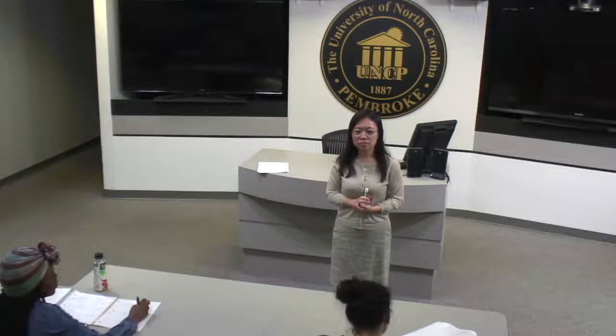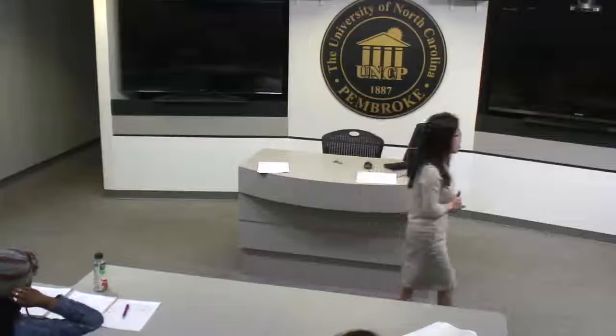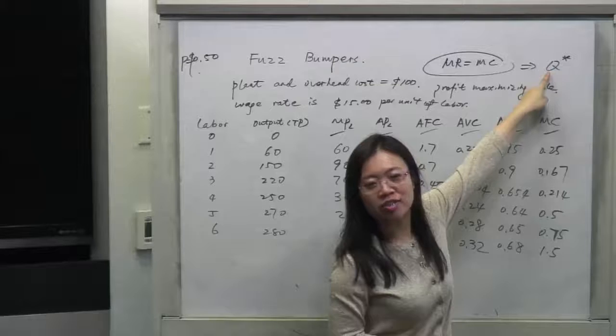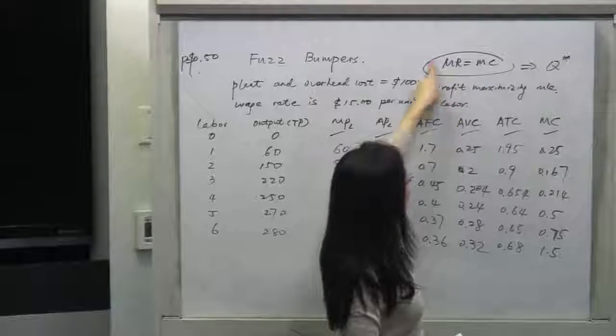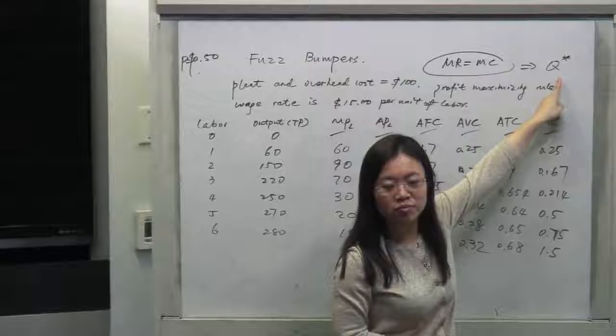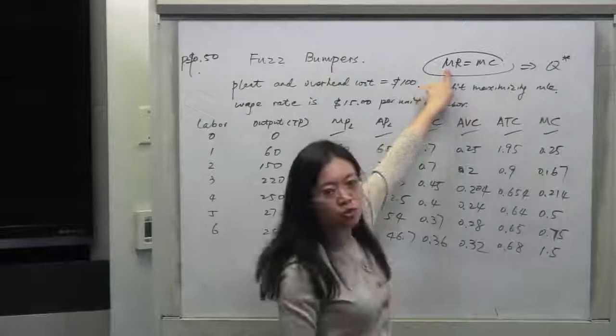Wait, what just happened there? That's how you find optimal output. This is the condition we use to find the optimal output. We have the numbers in the marginal cost column. And what is marginal revenue?